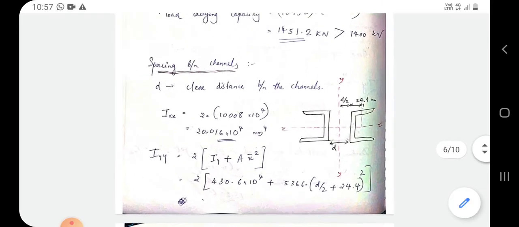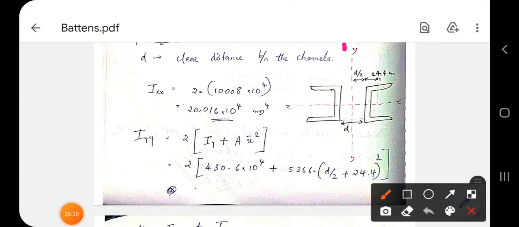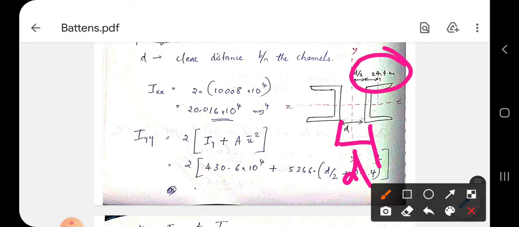So here x bar is d by 2 plus 24.4, where d is the actual clear spacing, so half of that plus 24.4 is the centroidal distance about the y axis for this channel section.